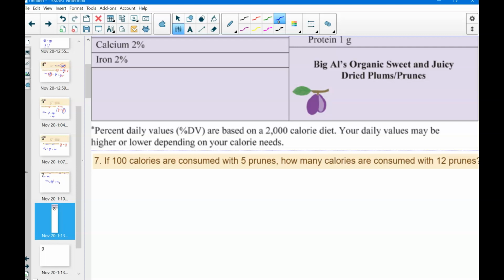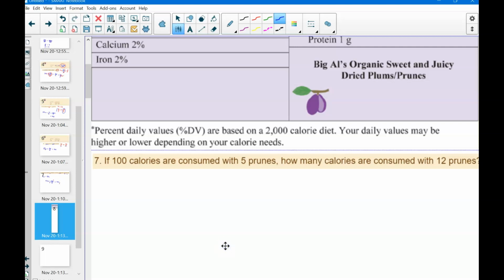Yep. Yep. Yep. 240. Yep. There's 2 ways to do it, and probably more than 2 ways.